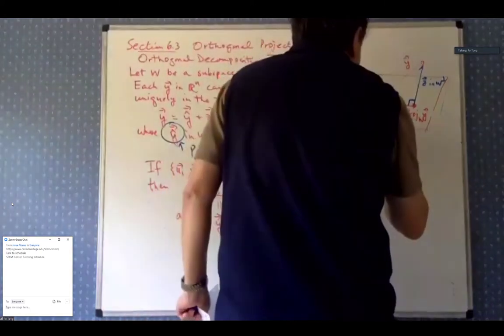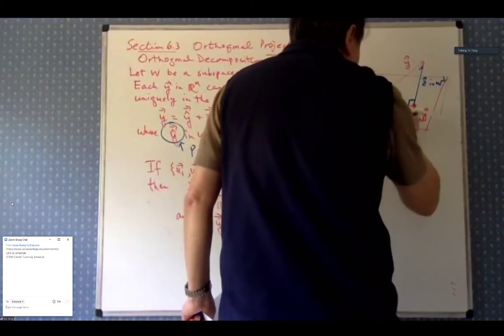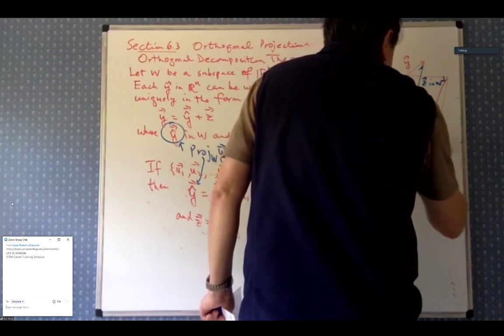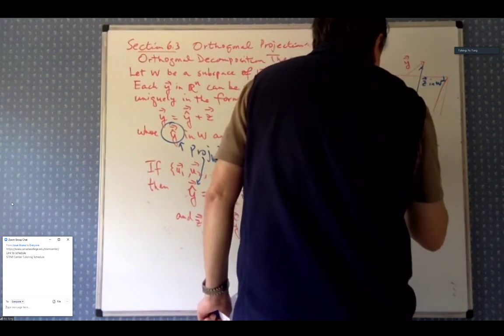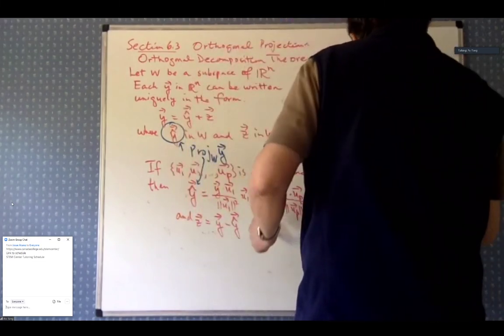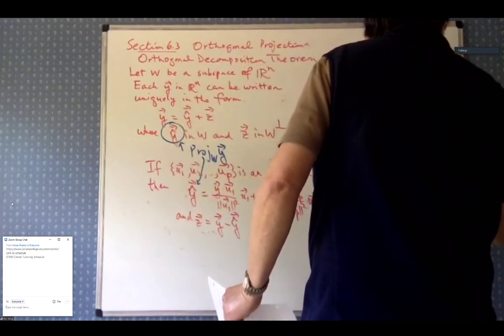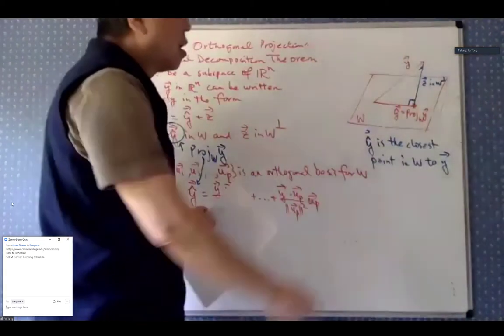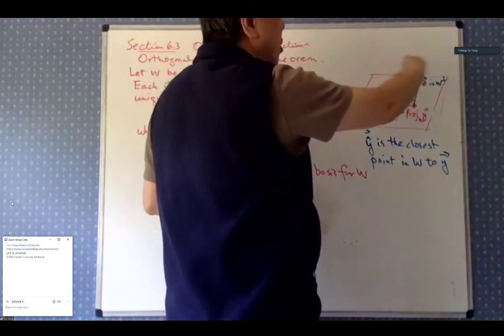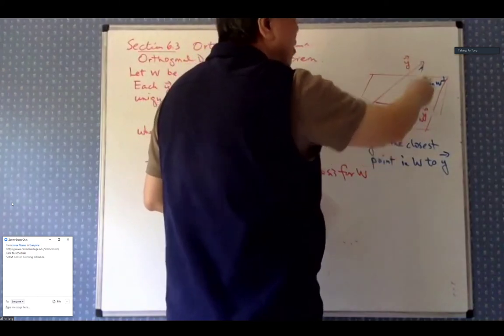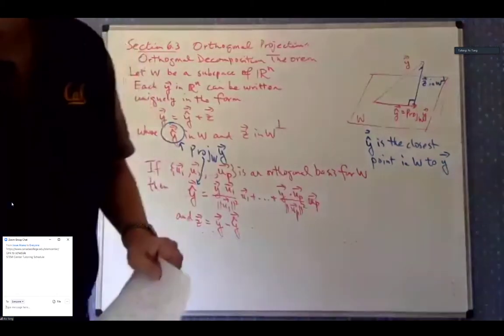So Y hat, the projection, is the closest point in W to Y. That means among all these different points, this point is the closest to this point.